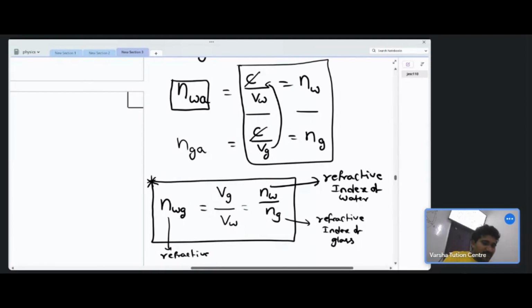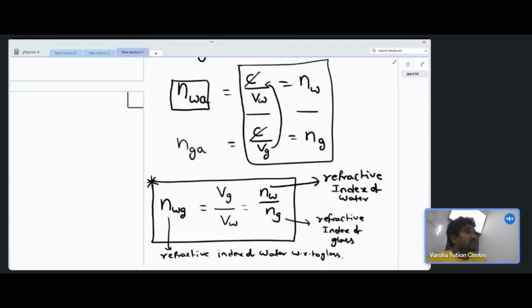Refractive index of water with respect to glass. How many times will you make this mistake? Water with respect to glass. If you know this, automatically you can do it for all. Understood that now?